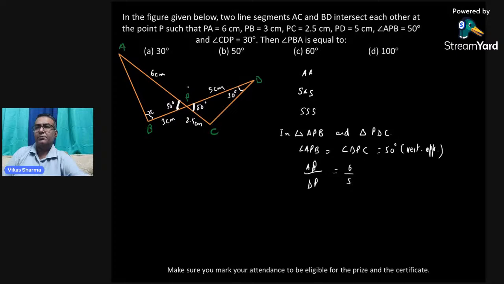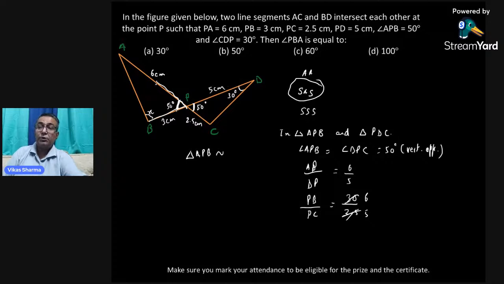And if I take the other 2 sides here, which are PB upon PC, that is equal to 3 upon 2.5. Angle is equal, then by the SAS criterion we can say that triangle APB, now we'll have to be careful about the naming, so APB should be similar to triangle DPC.